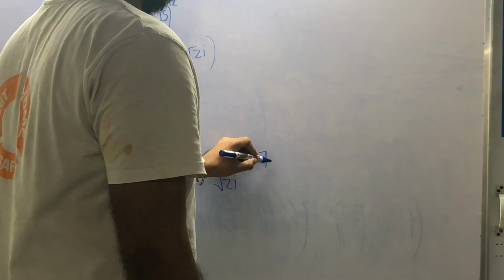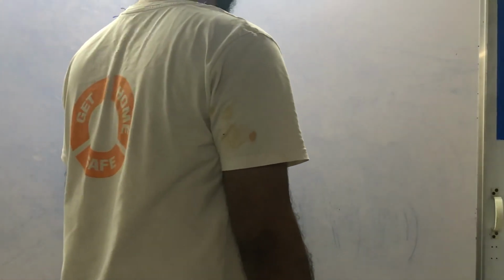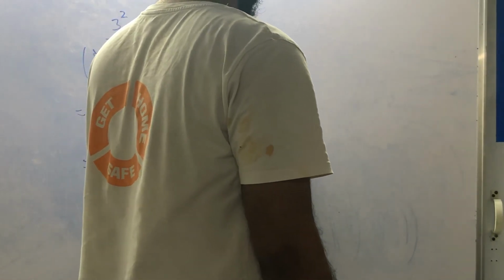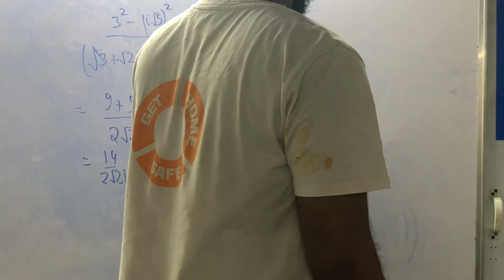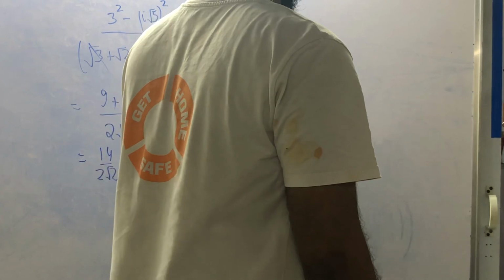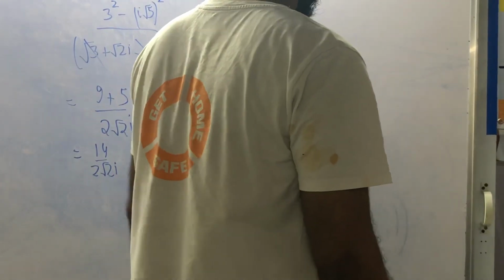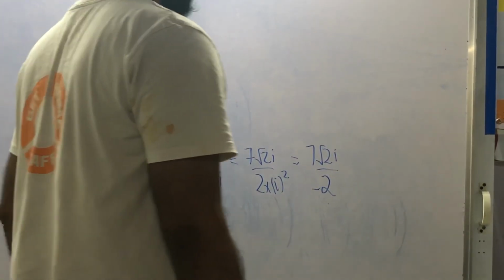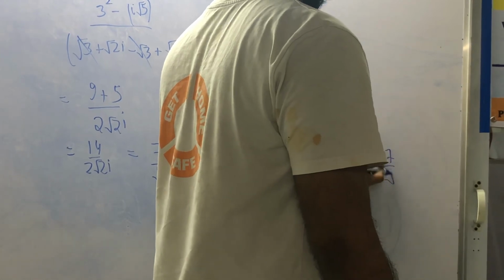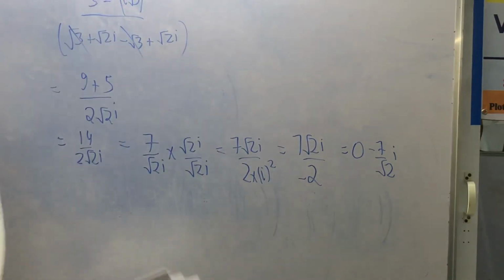This will be 7 root 2 iota upon 2 iota square. Iota square is how much? Minus 1, so minus 2. So you can write it like this: 0 minus 7 by root 2 iota. This is the general form.